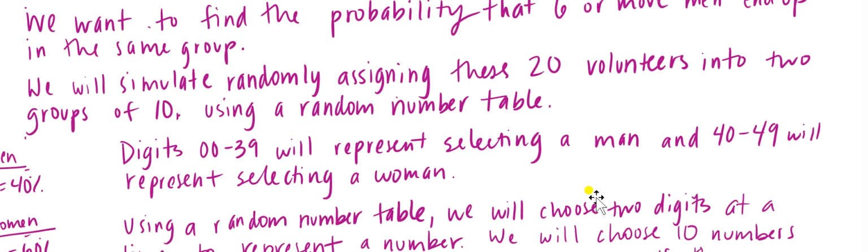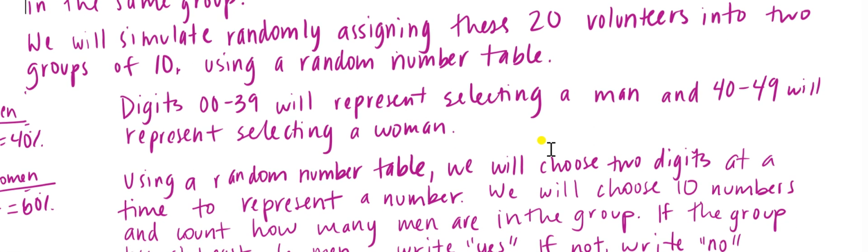So here we go. Next, what am I finding? What action am I simulating? How am I going to model the outcome of this action? Since I'm using a random number table, I need to be clear on what numbers represent what.